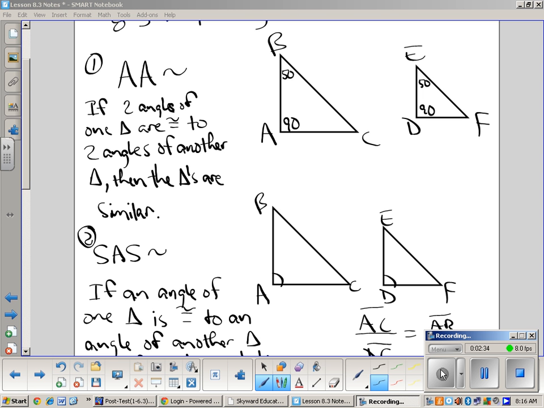So if I know that two angles are congruent in this triangle to two angles in this triangle, then that means that's enough information to say those two triangles have to be similar. Okay? They have to be similar. So if I knew this length was 3 and this length was 2, and I know this length is 4, oops, I didn't want to do that.